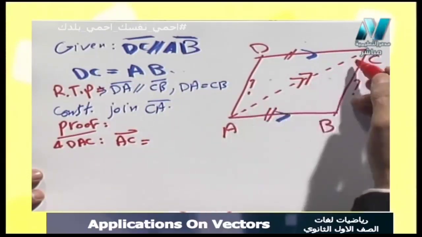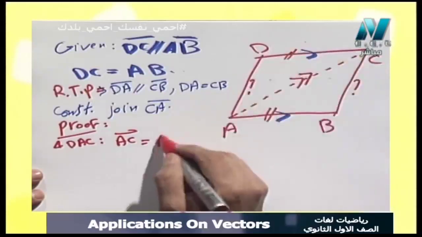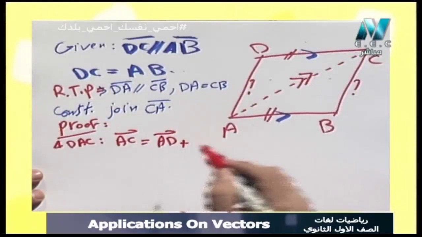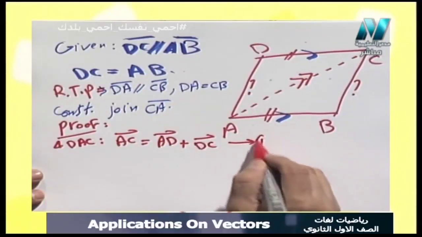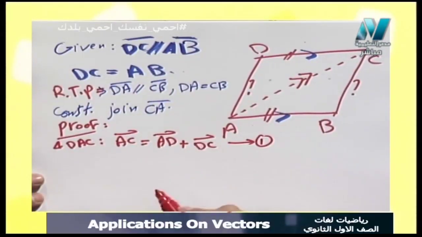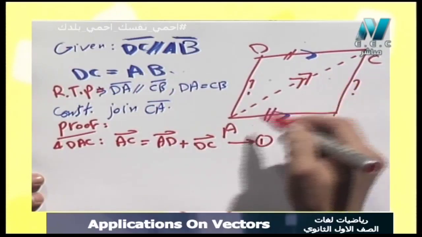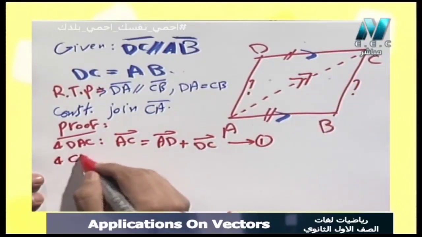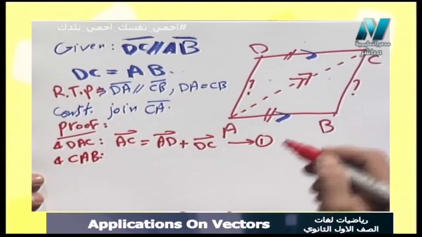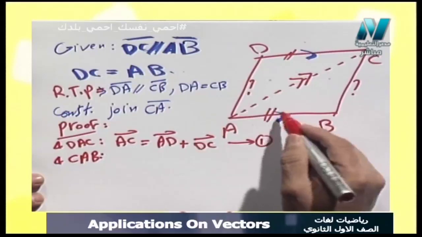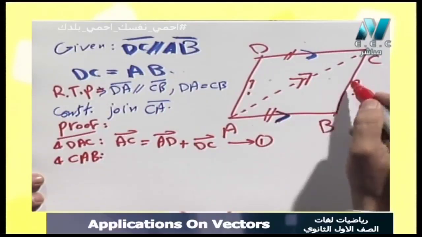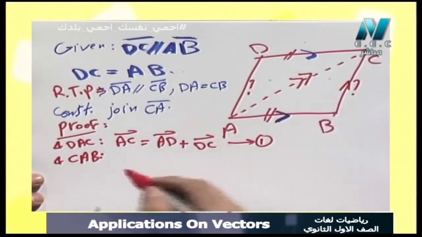Of course, the vector AC equals AD plus the vector DC. This is the first equation. And in the other triangle, CAB, we have also the same vector AC equals AB plus the vector BC.